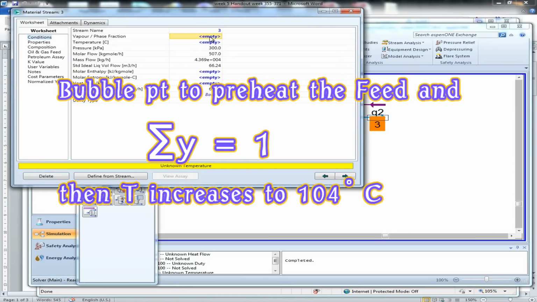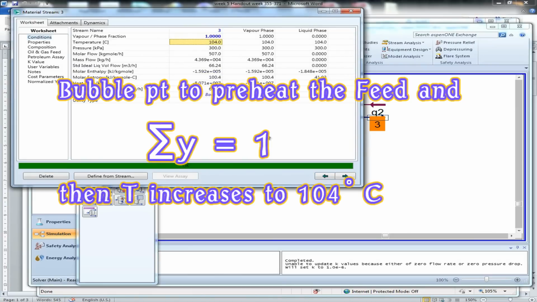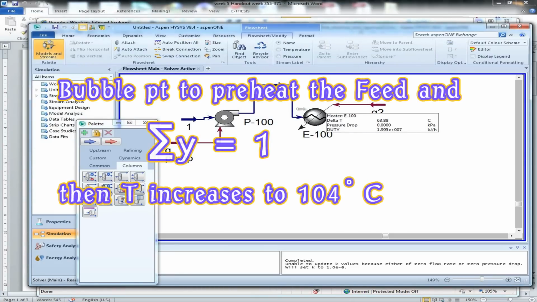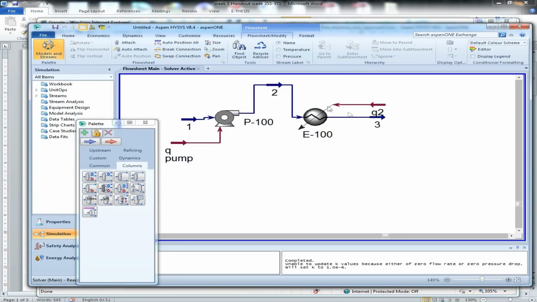So summation y equal to 1. So now we put some heat here and prepare the feed before getting into the distillation column. There are two distillation columns that we work with: one with the shortcut, and then the information from the shortcut will be used in the rigorous one.